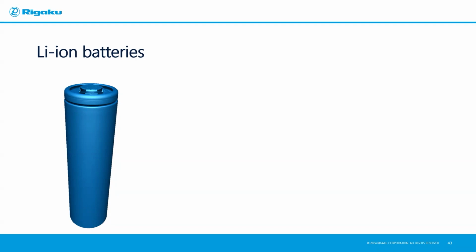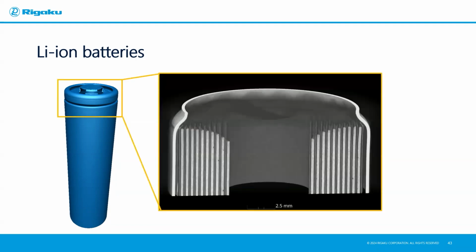And if you take a look on the inside of this battery, so we just cut away to look at it. Again, it's a 3D volume that's clipped, and you see that inside the lithium-ion battery contains an anode and a cathode, and the anode overhangs the cathode by a small amount, so it makes that structure very easy to identify.